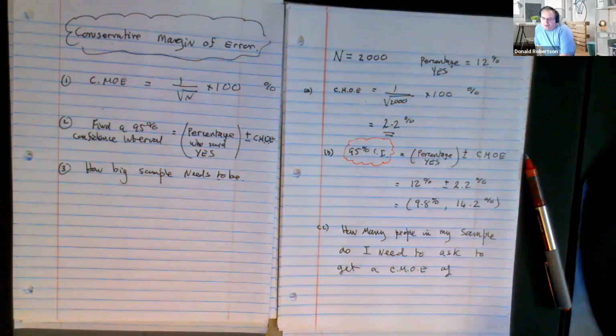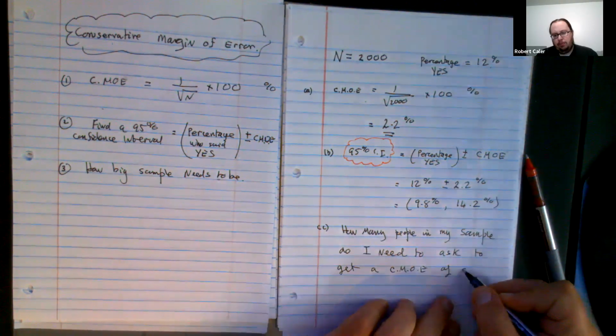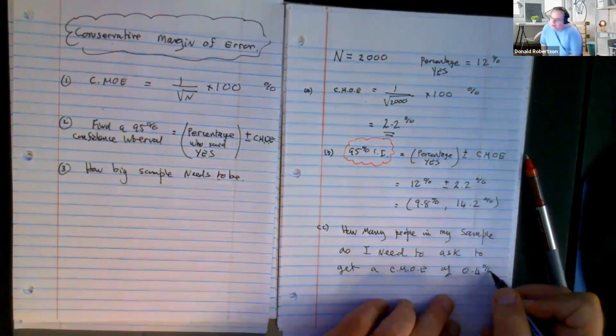Give me a smaller number than 2.2. I want to be more accurate than that. Give me a smaller number. 0.4. Right. I want to be give or take 0.4, right?